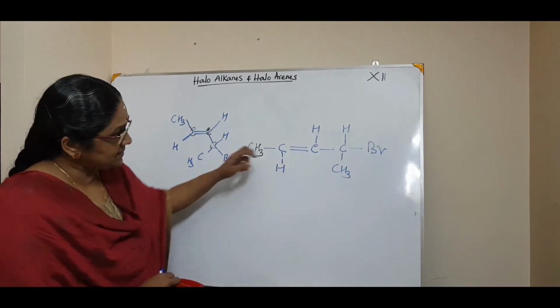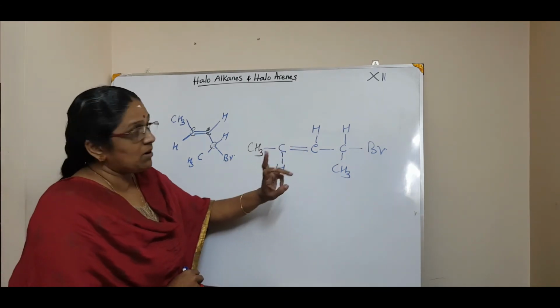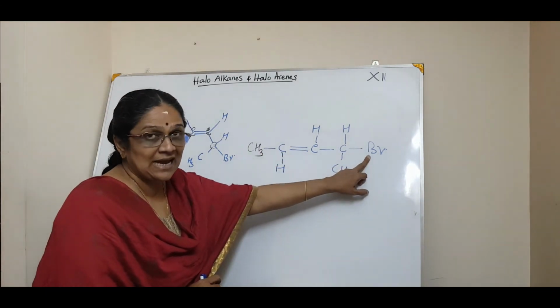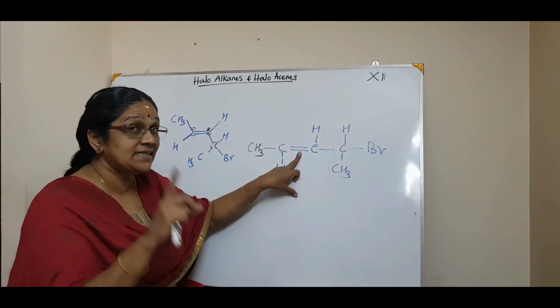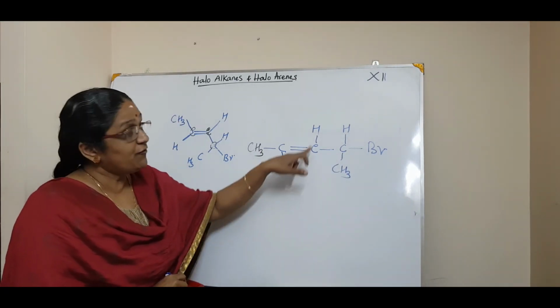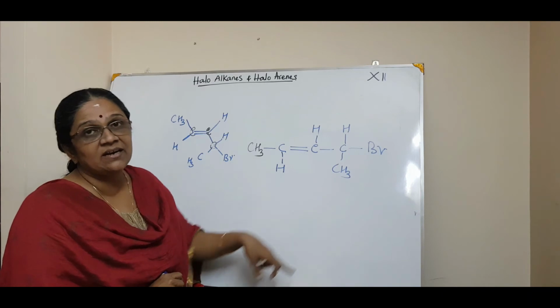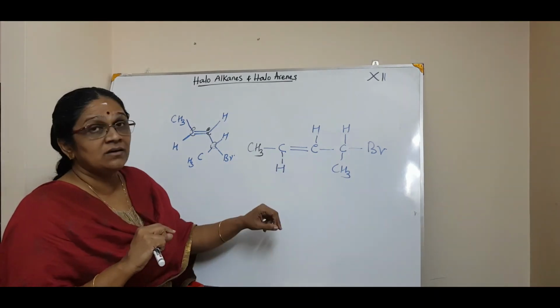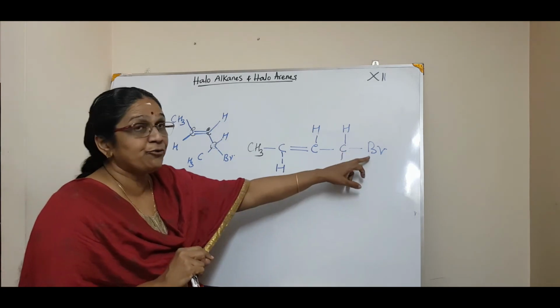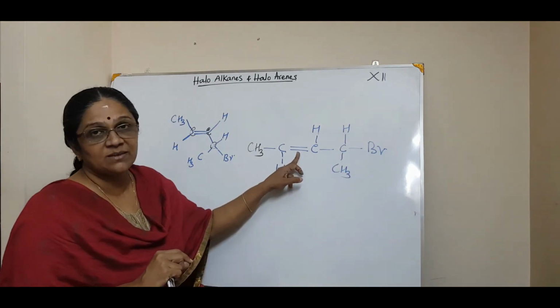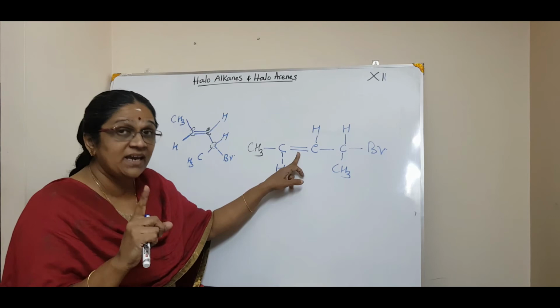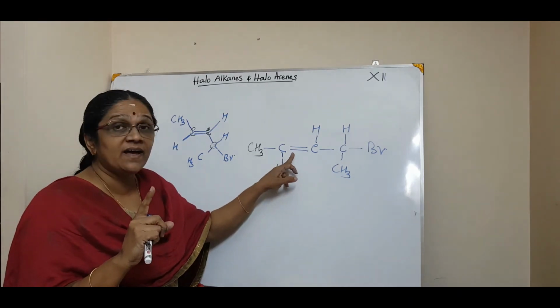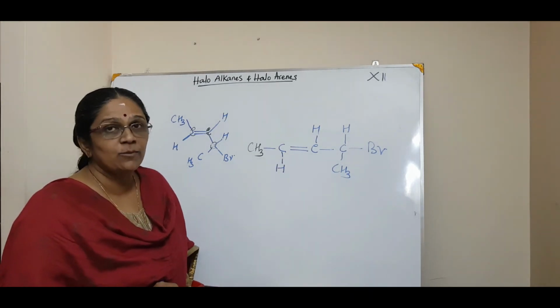Now the problem is, there are two things to remember. One is Br, a halogen atom, and the other is a double bond. If you remember the priority list, which comes prior to halogen? The double bond gets the priority. That means the double bond should get the least number. You following me?